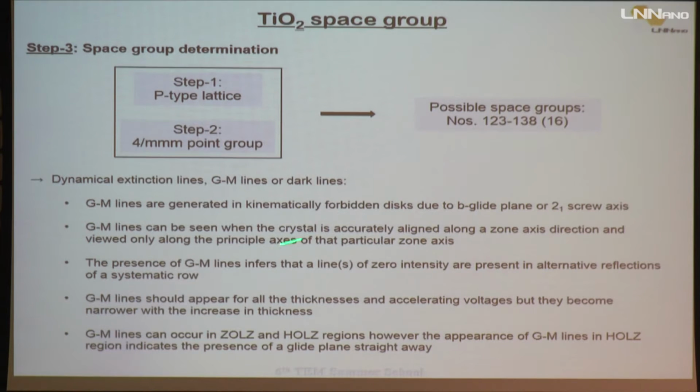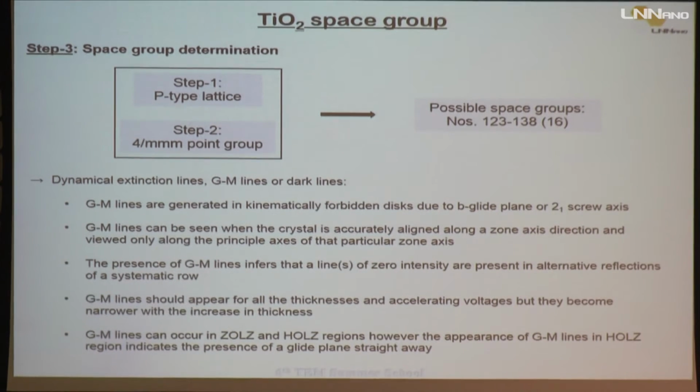GM lines can be seen when the crystal is accurately aligned along the zone axis direction and viewed along a principal axis, where the principal axis is always 90 degrees, straight. Okay, I'll show you what exactly I mean by principal axis. The presence of a GM line always appears in the alternative reflection.